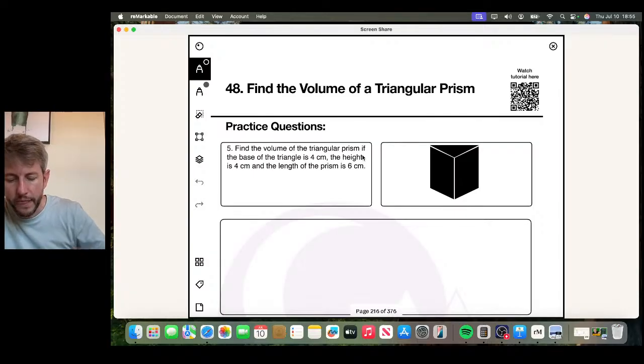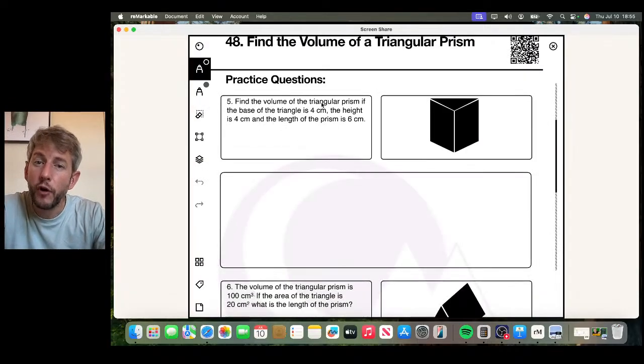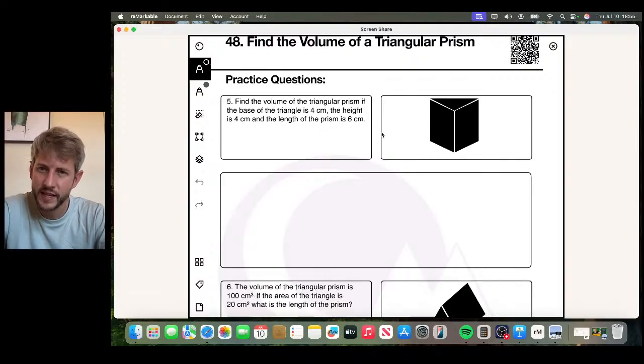Question 5. Find the volume of the triangular prism if the base of the triangle is 4 centimetres, the height is 4 centimetres, and the length of the prism is 6 centimetres. Okay, right, so here we go. Let's have a look at this.